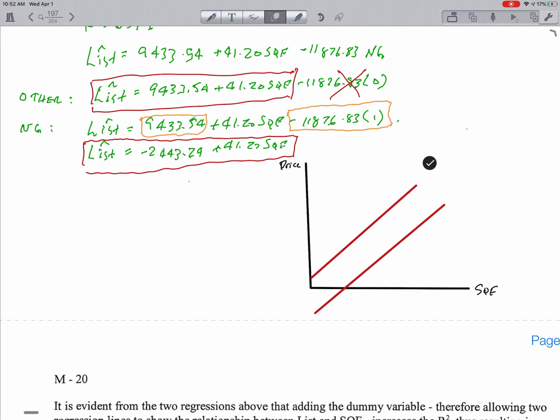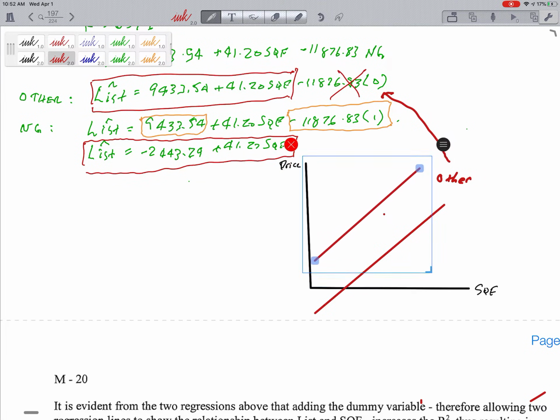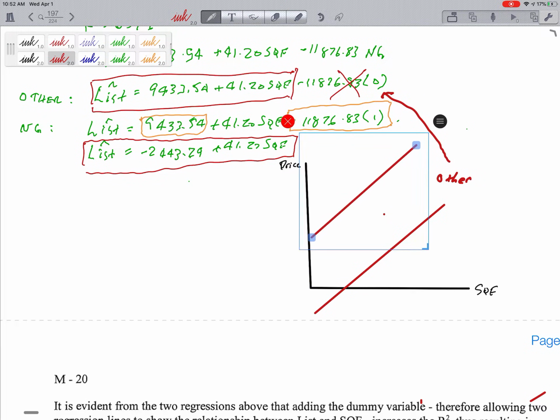So the higher line is actually for other, which corresponds to the equation up here. Let me move these around a little bit again. This was actually 94.